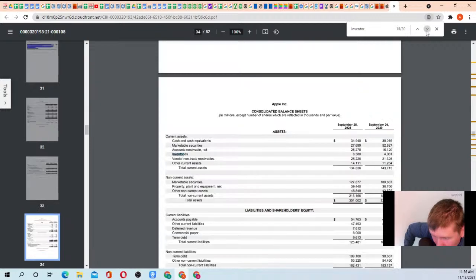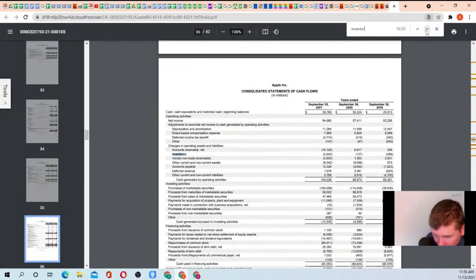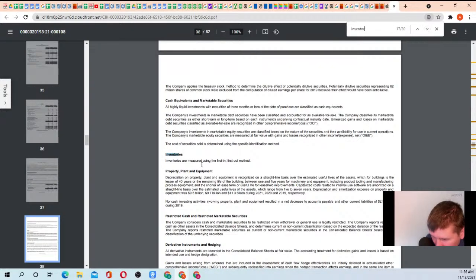So probably Apple just skips on inventories because they are pretty small in their financials. Just $6 billion. No one will care. Oh, yeah, we have it. We have one line in Apple financials for inventories. Inventories are measured using the first in, first out method.